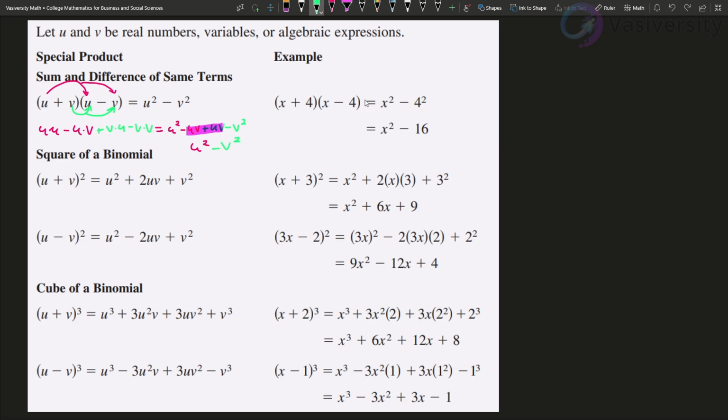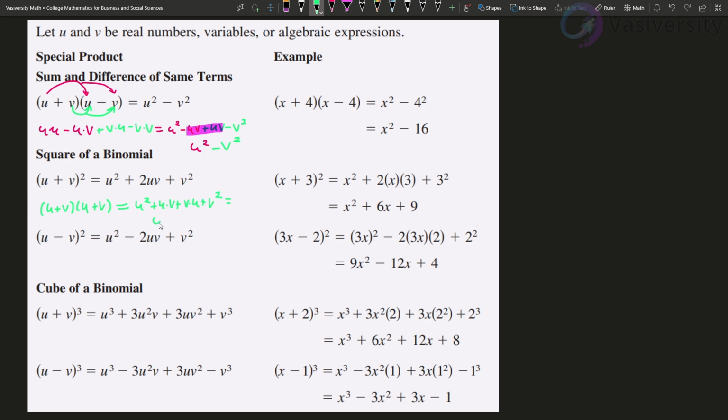Okay, and here we can have a more distinct example. Then we can have a square of a binomial. Square of a binomial is u plus v squared. So how can we prove it? It's u plus v times u plus v. So applying the same idea as in the previous example, we're going to have u squared plus u times v plus v times u plus v squared.